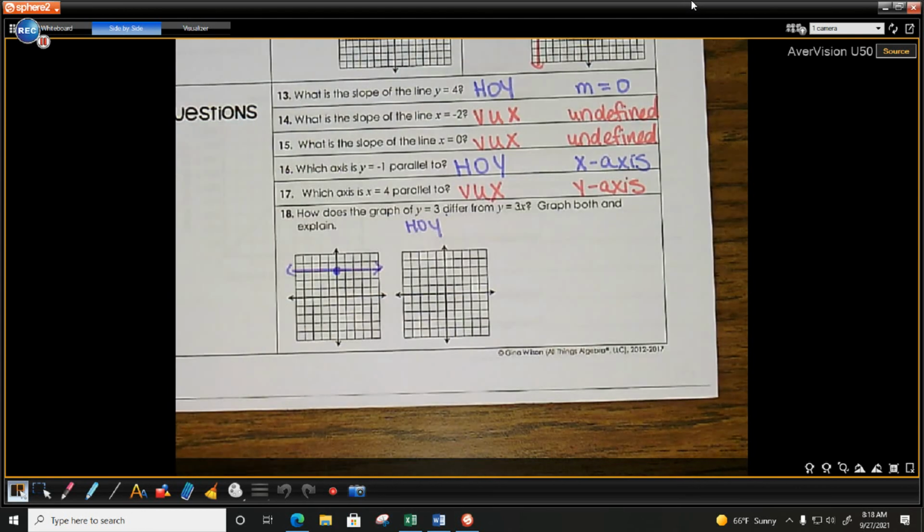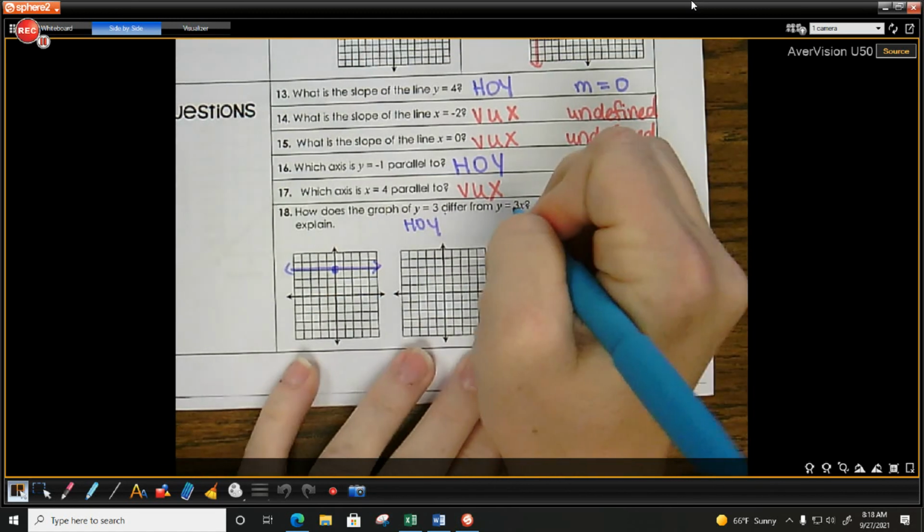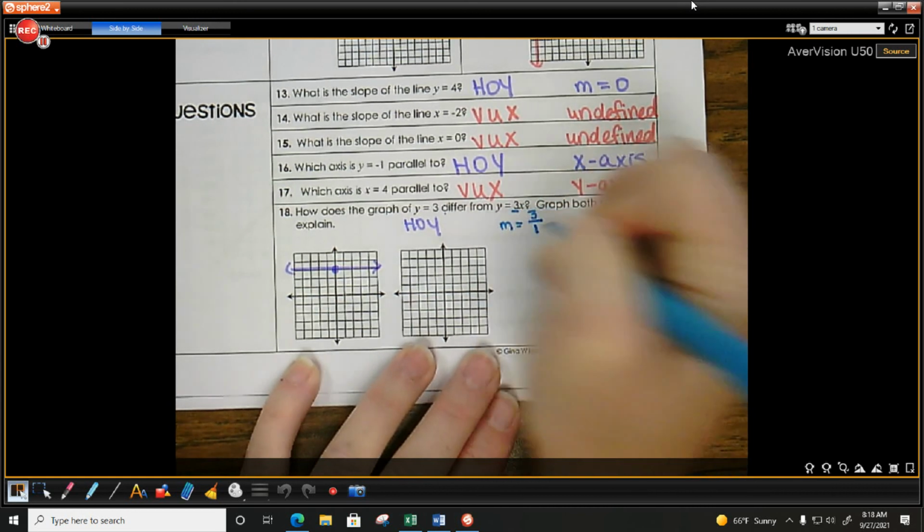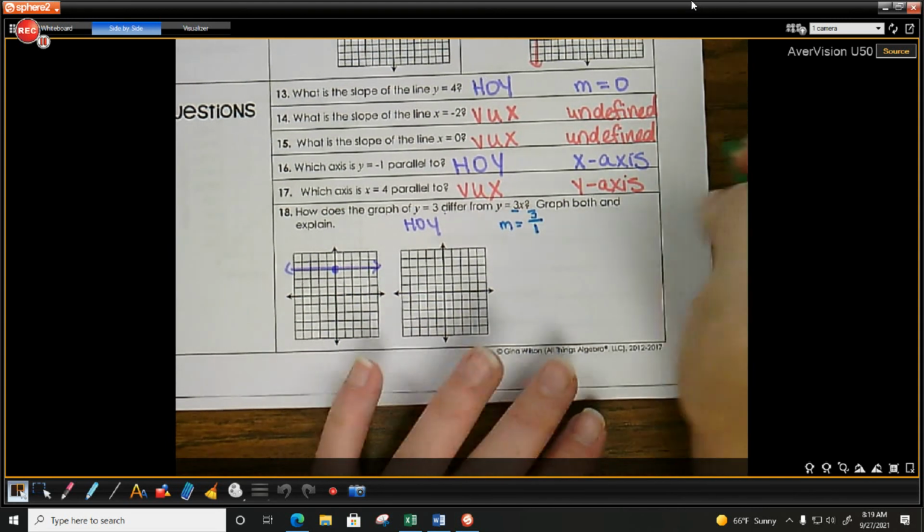Okay, next one. Y equals 3x. What is my m? 3. And for graphing purposes, remember we always want to write it as a fraction, so I see my rise and I see my run. Okay, what is my b? Do I have a plus number out to the side? No, so what's my b? 0.